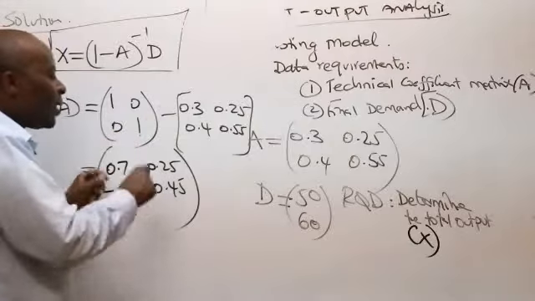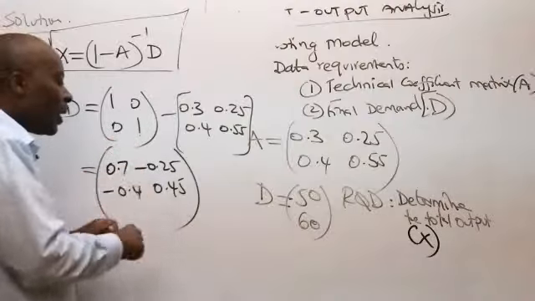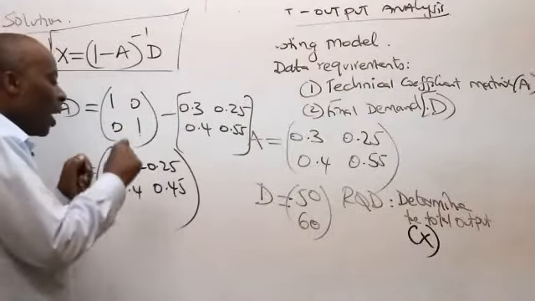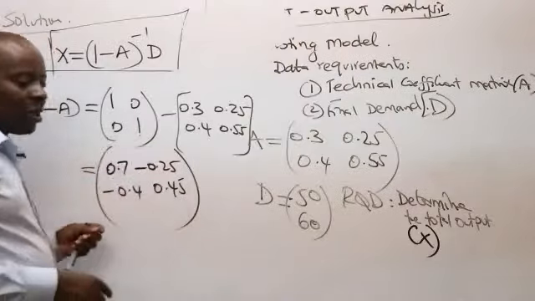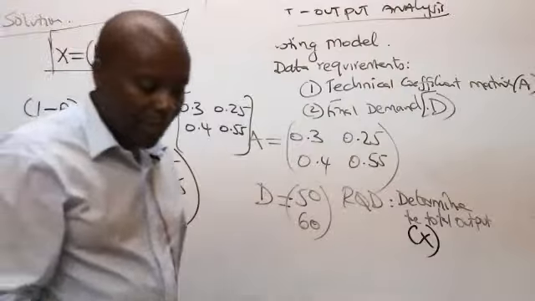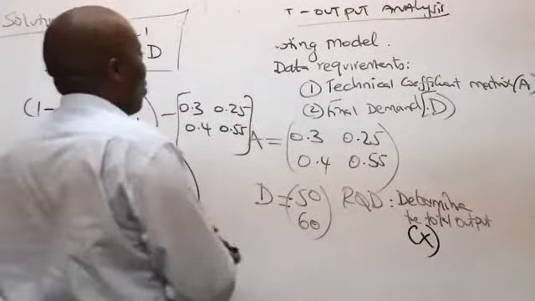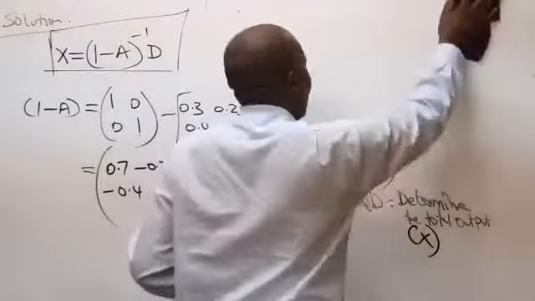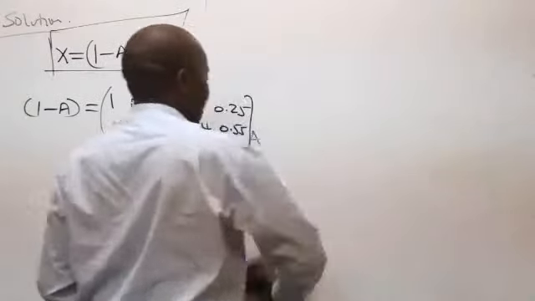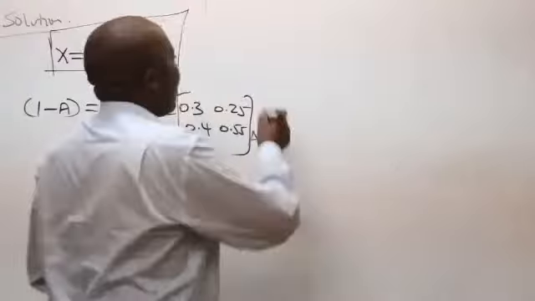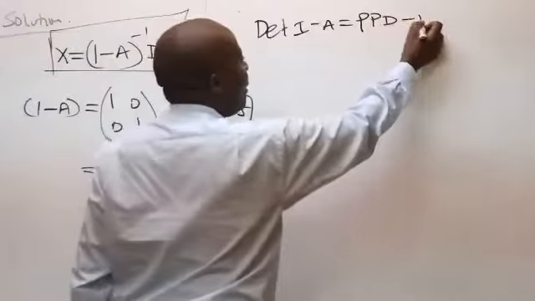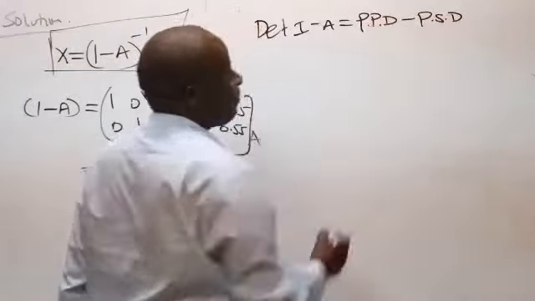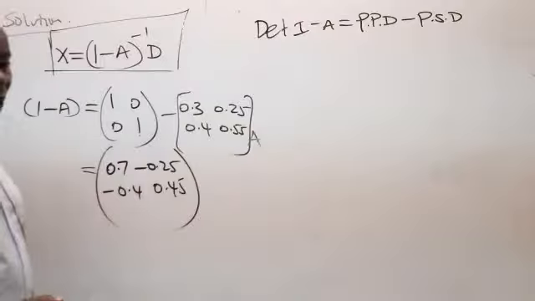So if that is the case, I would want you, in the inversion spirit, to give me the determinant of I minus A. Remember, it is PPD minus PSD, the product of the primary diagonal minus the product of the secondary diagonal.